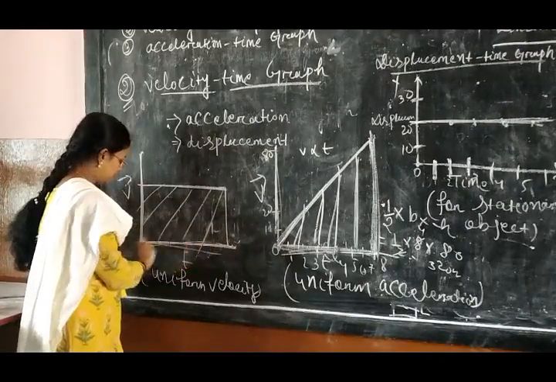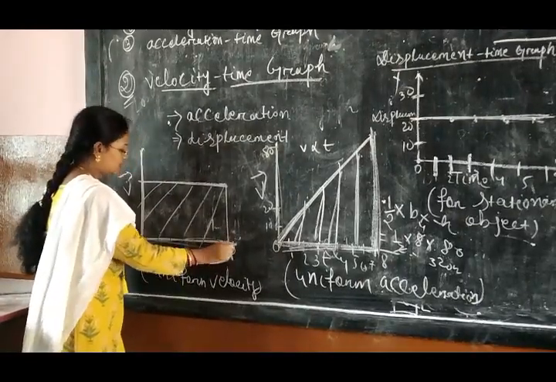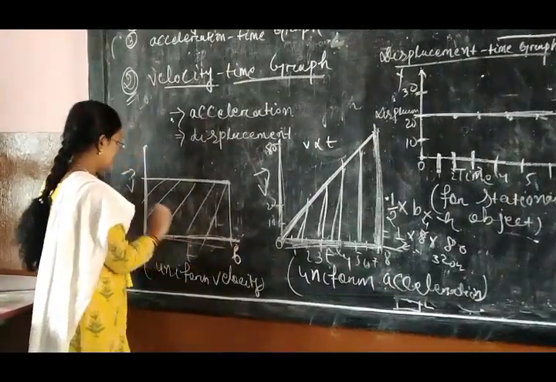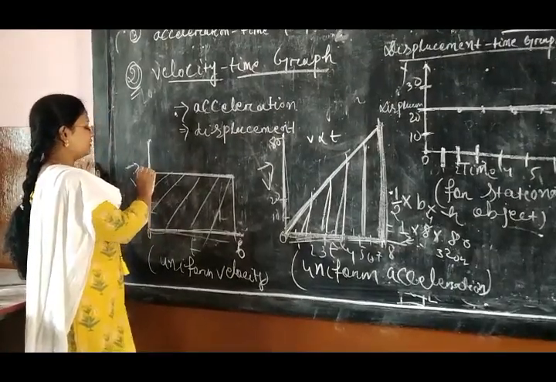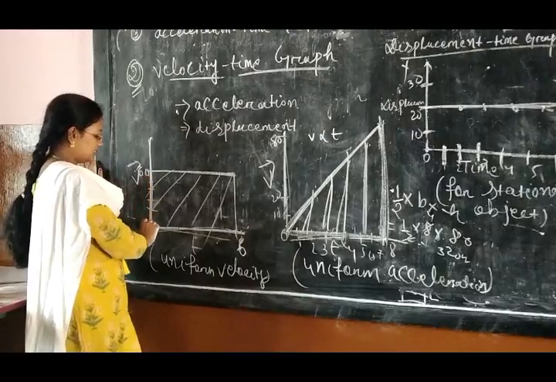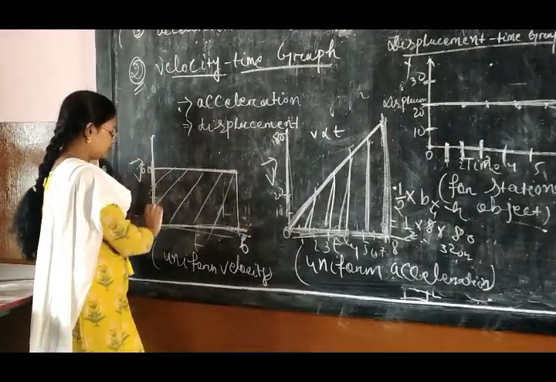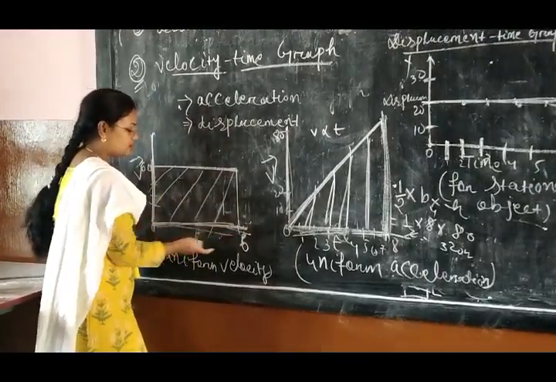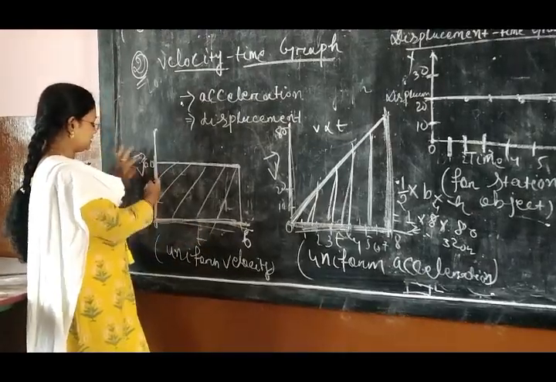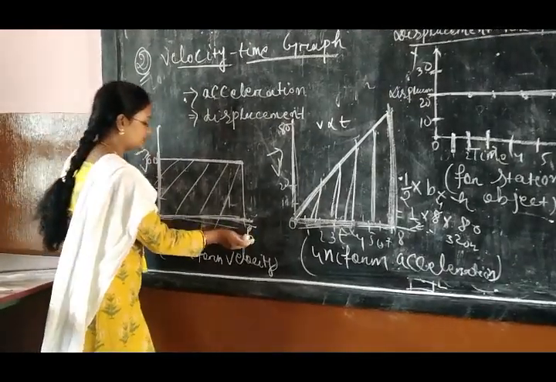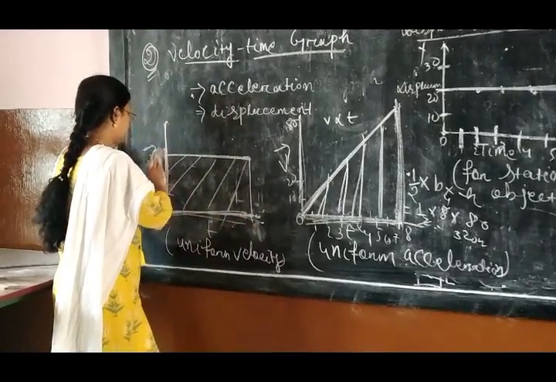Suppose 0 to 6 is this one, and this one is suppose 10, 20, 30, 40, 50, 60 like this. So this is your what? Length. This one is your what? Breadth. So length is your 6, breadth is your what? Here it is time. Sorry, this one is your velocity.